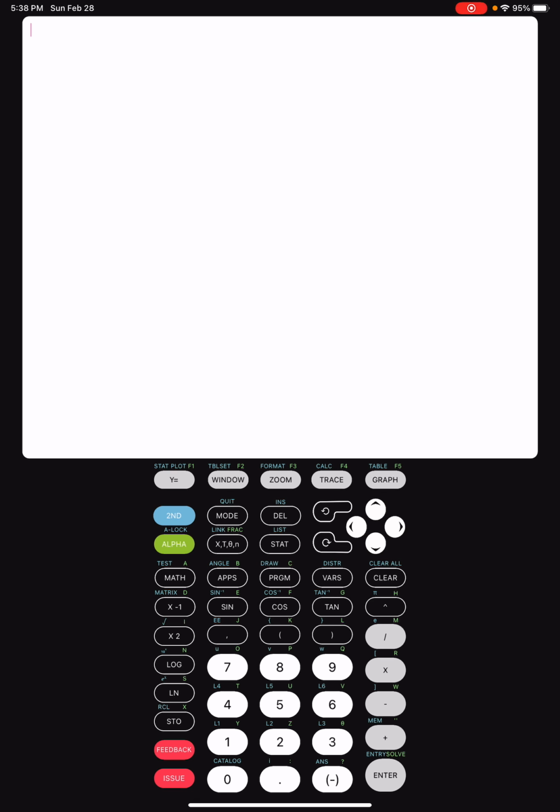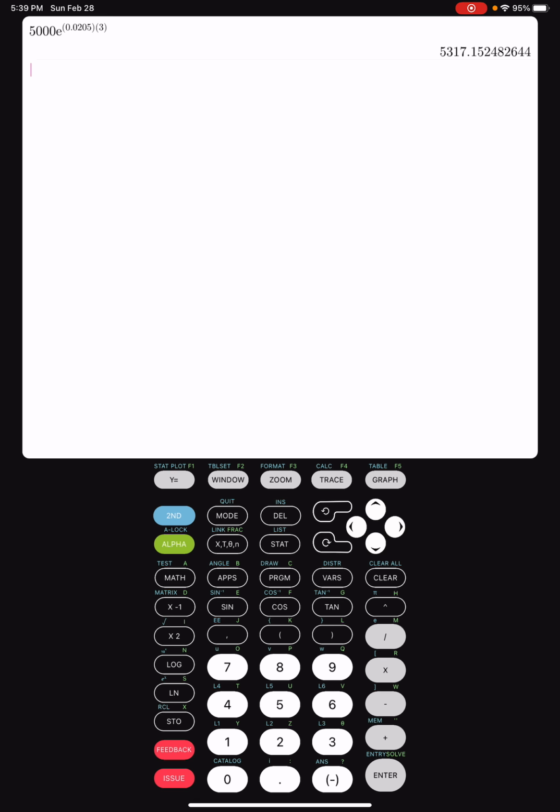It was 5,000 e raised to 0.0205 for 3 years. Okay. Looks good. I am getting more than 5,000 and this is money, so I'll round it to 2 decimal places.